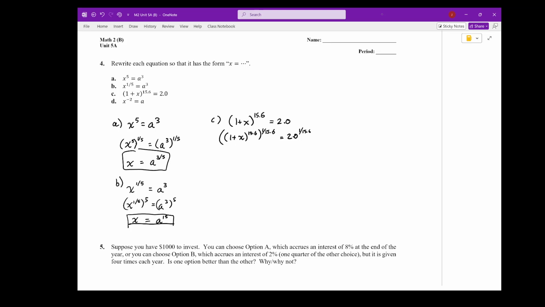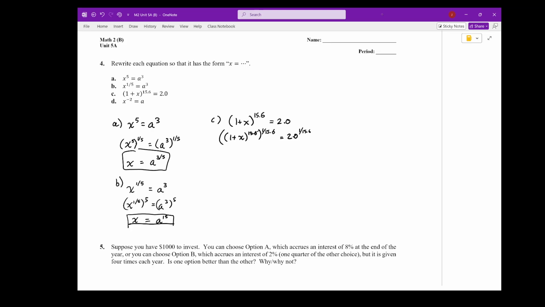Which is also the same thing as the 15.6th root of 2, although I have no idea what that really means, so I'm not going to worry about it too much. I would say don't bother with roots for that kind of stuff. If it's like a square root or cubic root, then you can write those out. But beyond that, usually you just use the exponents.